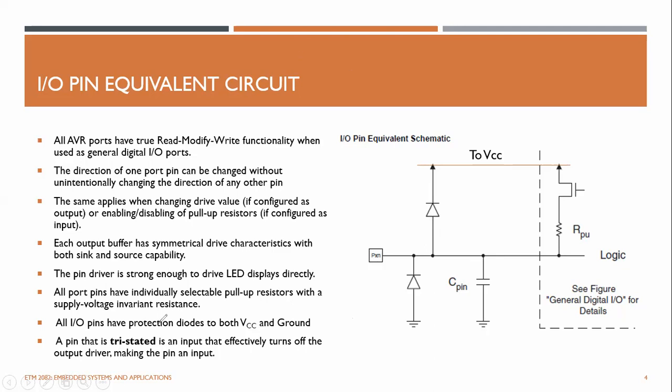And the term tri-stated, sometimes you will see in the datasheet if you download the microcontroller datasheet, sometimes they refer to it as tri-stated, which means this pin, this port, acts as high impedance, which means if someone looks from this side, it will show as infinite impedance, like an open circuit, right?